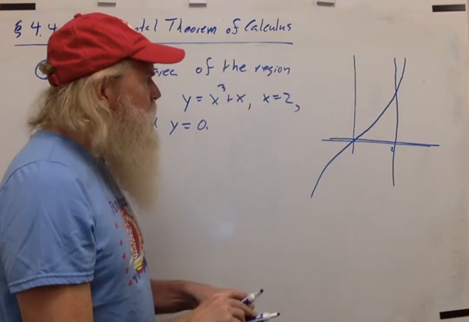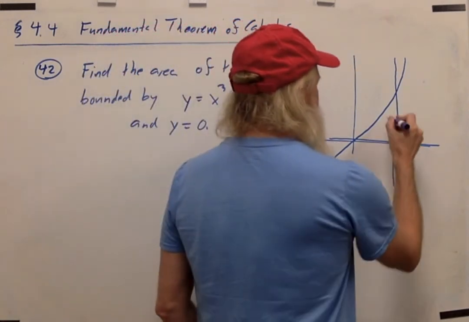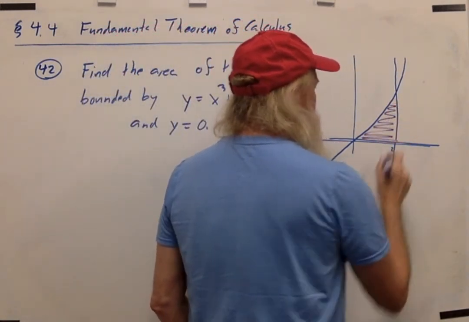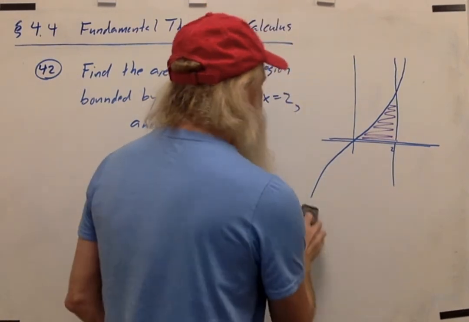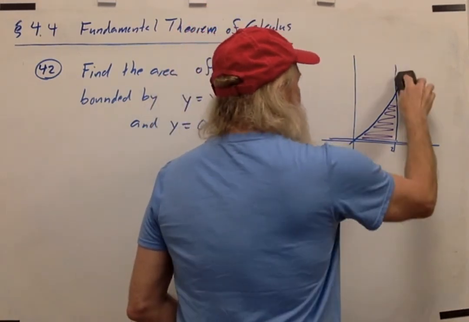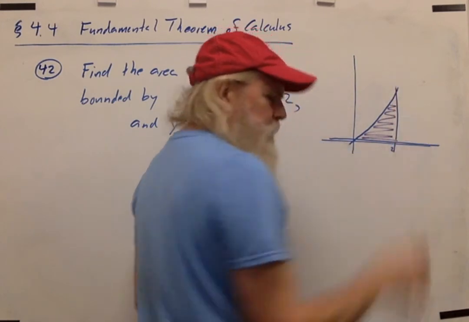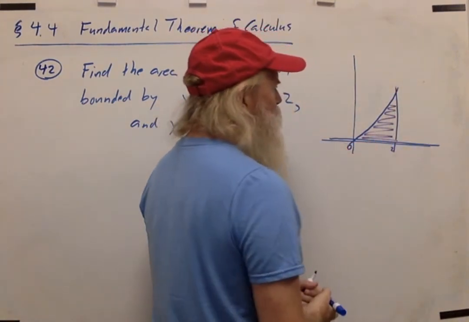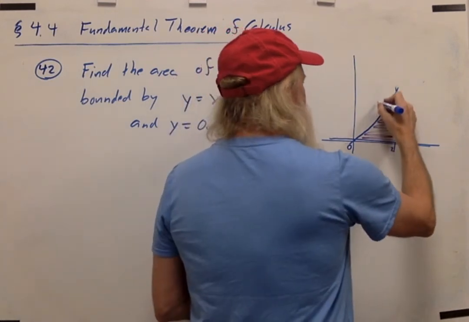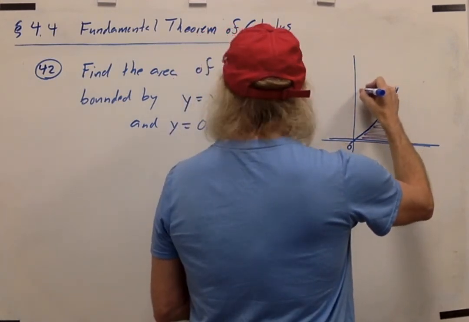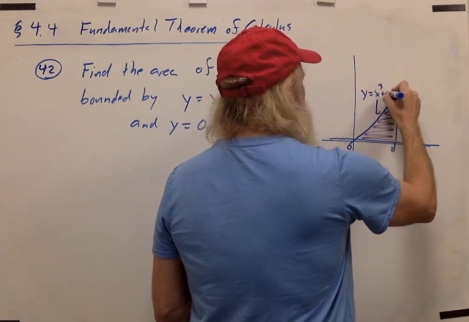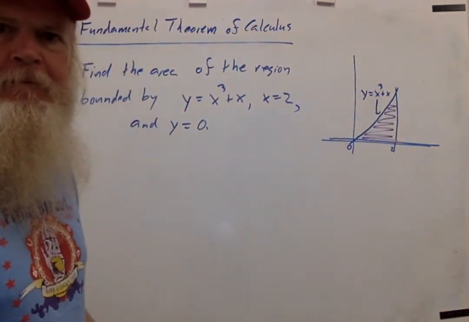So the region, which is completely bounded by these, is going to be this one that's roughly shaped like a triangle. Notice that this region lies between 0 and 2 on the x-axis, and the top edge of it is given by the function y equals x cubed plus x.